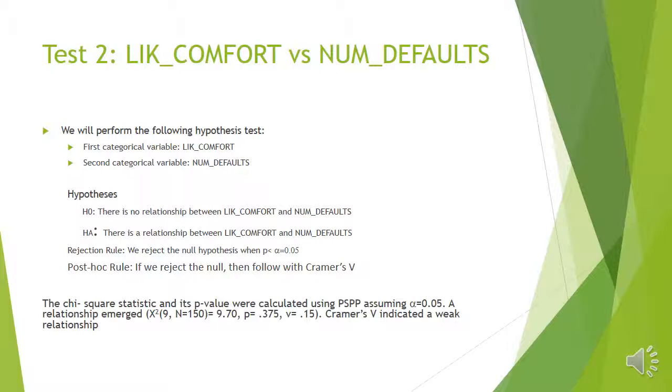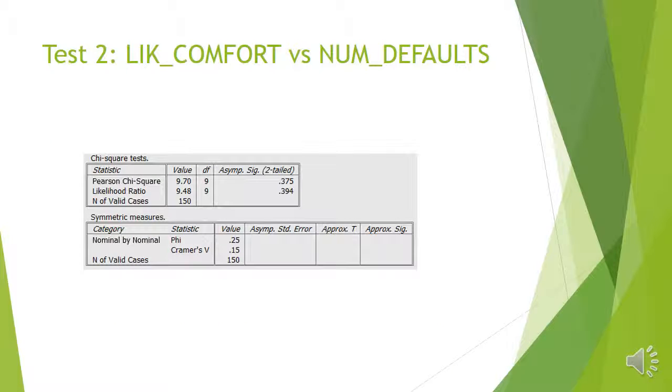Cramer's V indicated that there is a weak relationship with a value of 0.15. And again, represented with our output from PSPP, chi-squared value of 9.70 at 9 degrees of freedom, the significance of 0.375, and Cramer's V of 0.15.